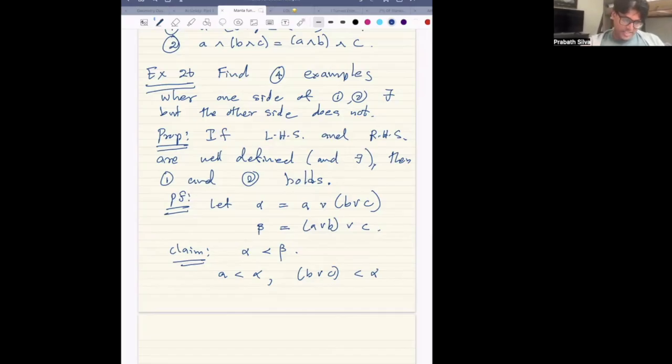So we have this, and because alpha is the union of these two things, from this you get again... Okay.